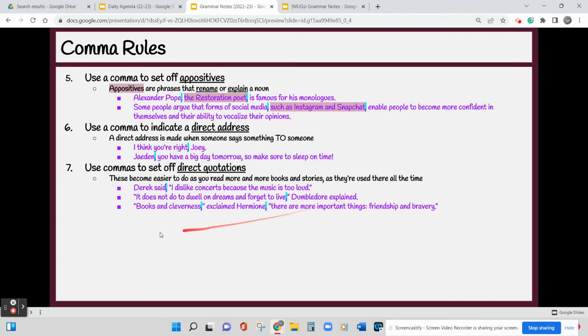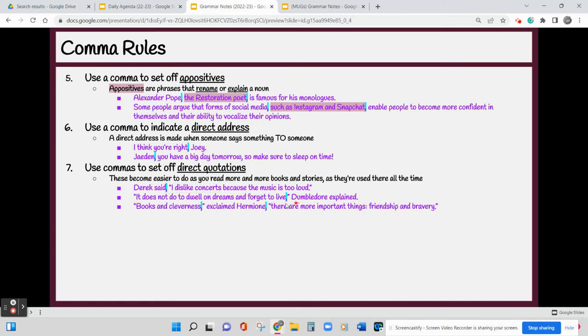Here's another one. "Books and cleverness," exclaimed Hermione, "there are more important things, friendship and bravery." So, I wanted to give you these 3 examples. I would recommend that you write down all 3 because this one shows you what a comma would look like to set off direct quotations at the beginning of the quote.